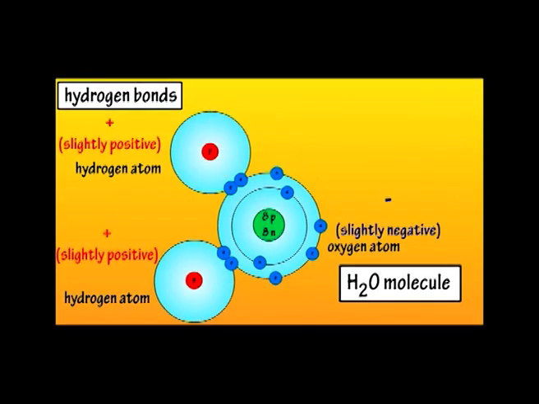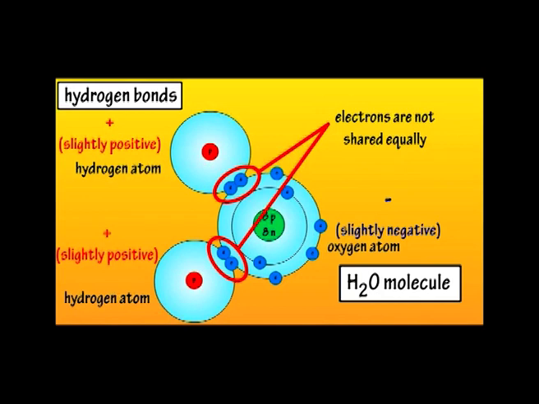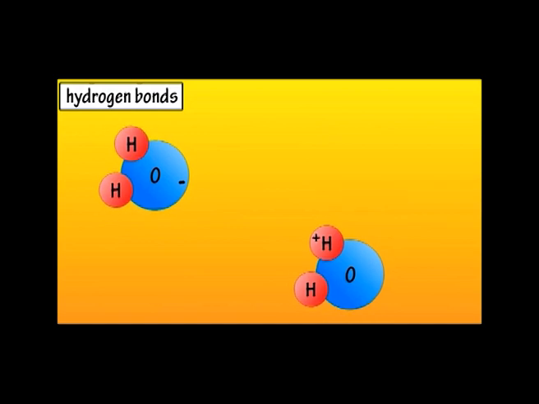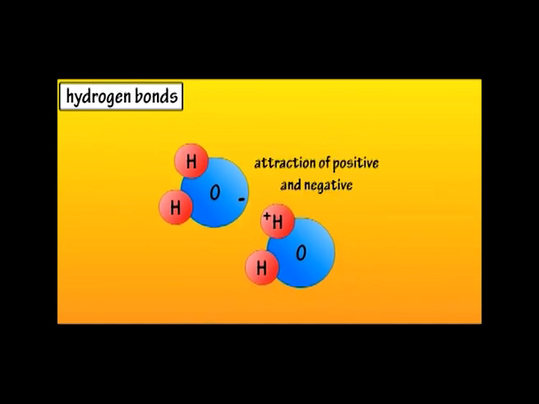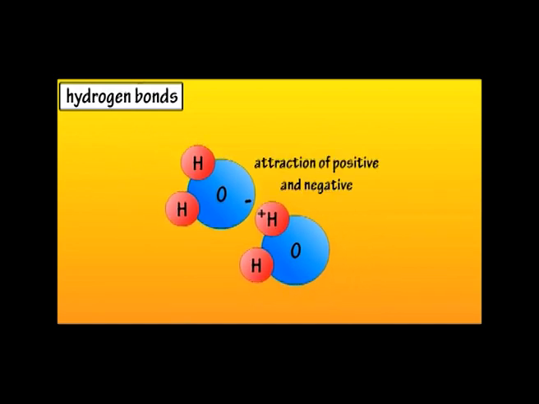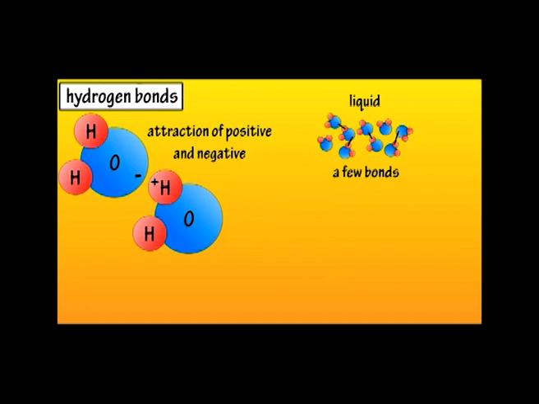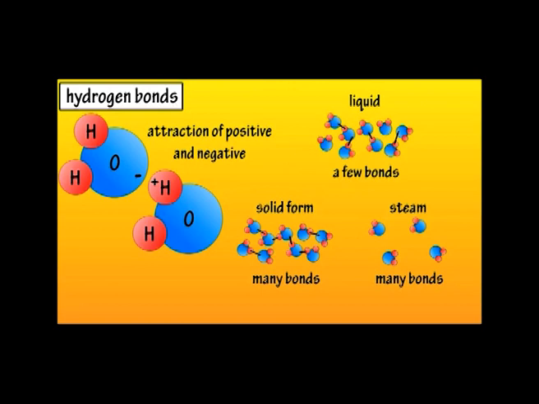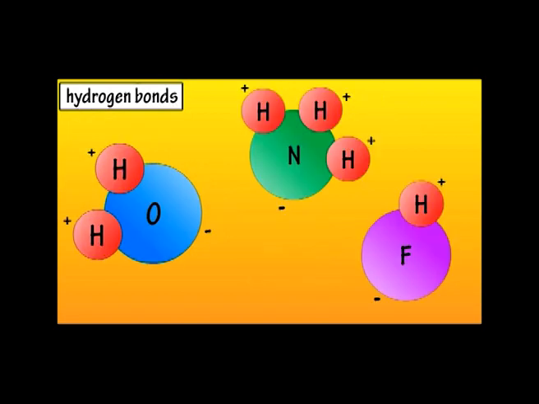Hydrogen has low electronegativity, 2.2, and when it is covalently bonded to an atom of fluorine, oxygen or nitrogen, with electronegativities of 4.0, 3.5 and 3.1 respectively, the resulting bonds are highly polar.